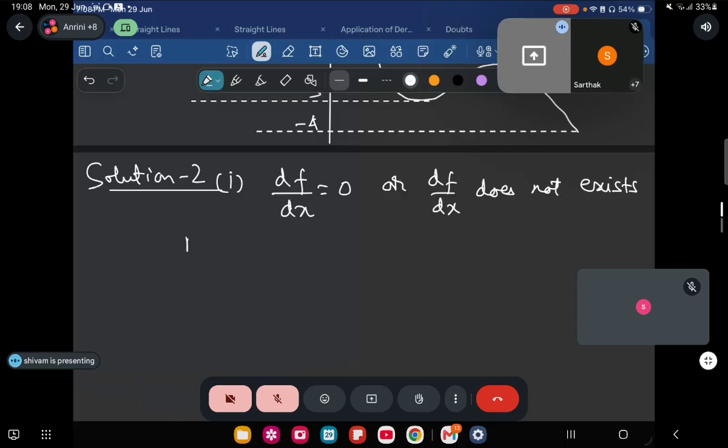So see, ax minus sin x is differentiable always, right?